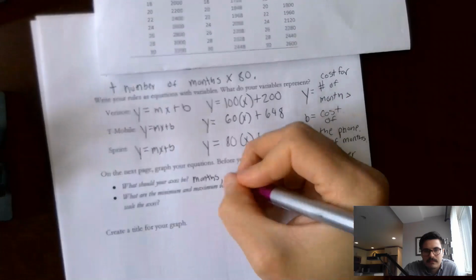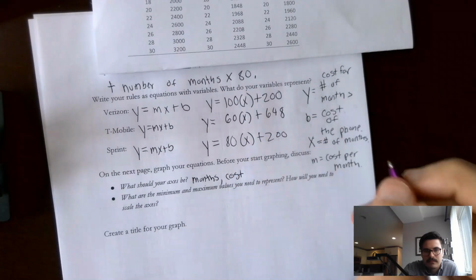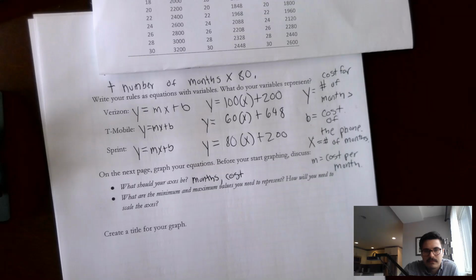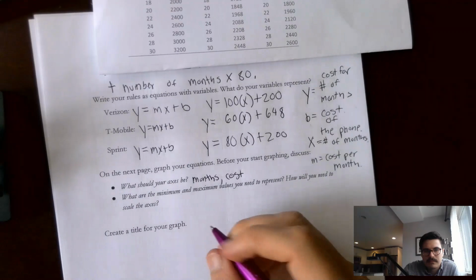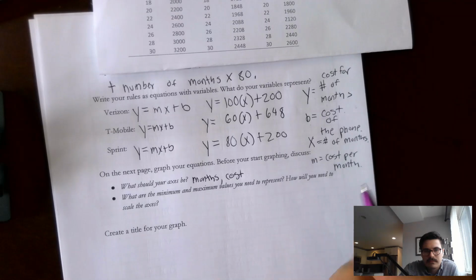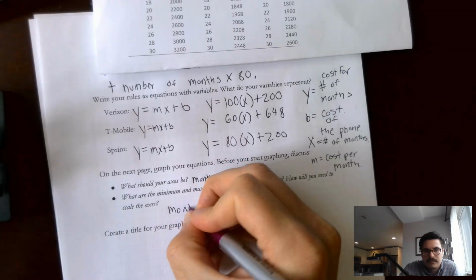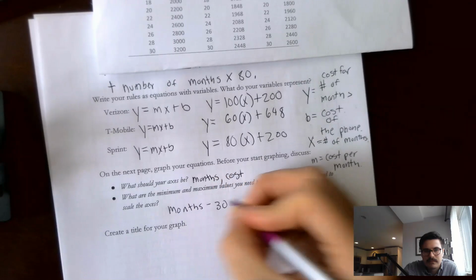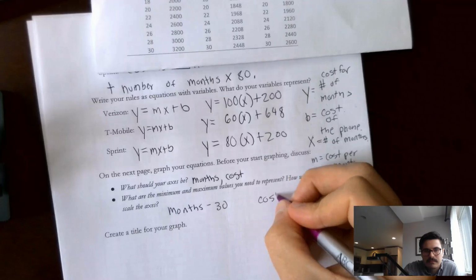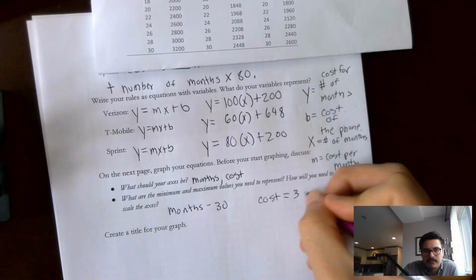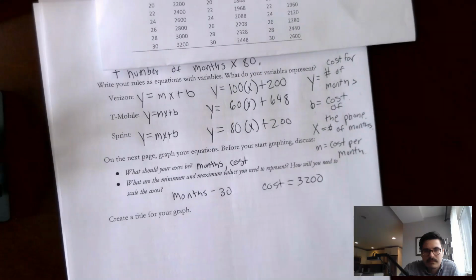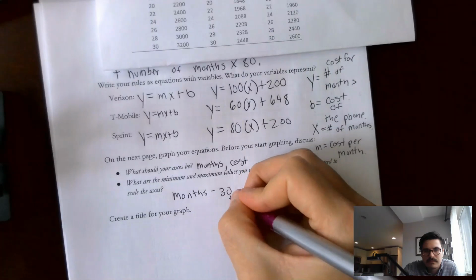Another of the axis needs to be costs. Next, the minimum and maximum values. For months, it's going to be 30. And for costs, it's going to be 3,200. I'm going to add, let's say, 5 to this. So let's make this 35.